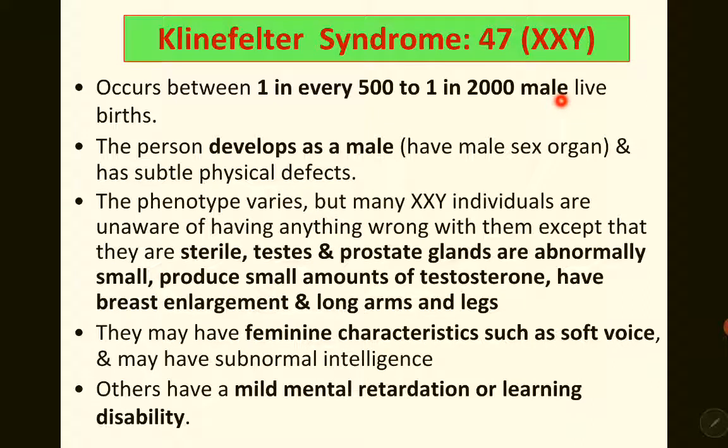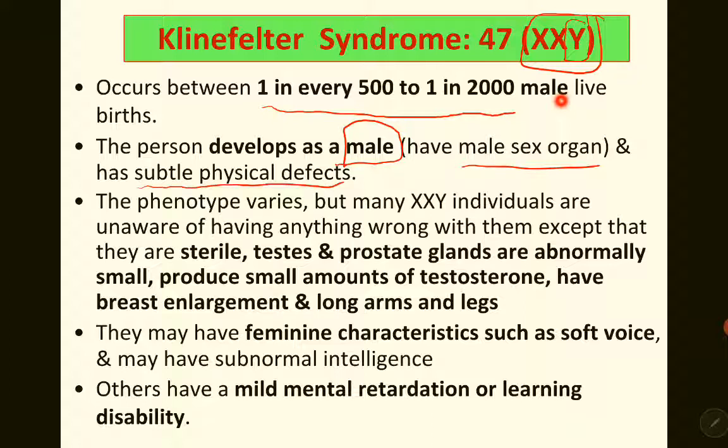Okay, now look at this. Klinefelter syndrome, XXY, occurs between 1 in every 500 to 2000 male live births. The person develops as a male. Why is he a male? Because he has this Y chromosome. Okay, he has male sex organs, but he has some subtle physical defects.